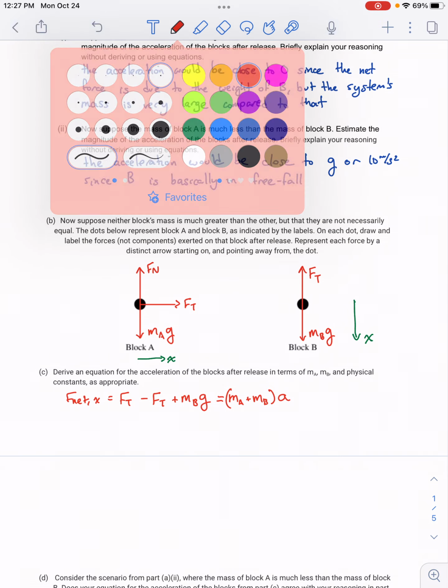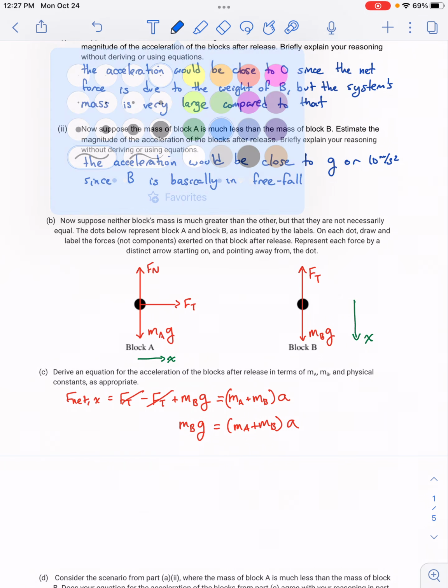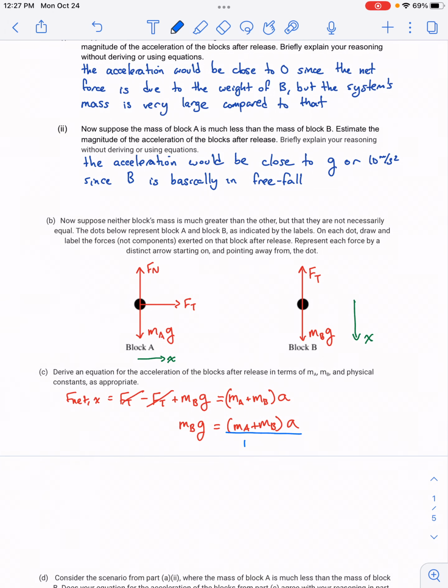And so we take this equation and we solve. FT's cancel out, FT minus FT would be 0. So I have mBg equal to mA plus mB times a. Then I divide both sides by that mass.